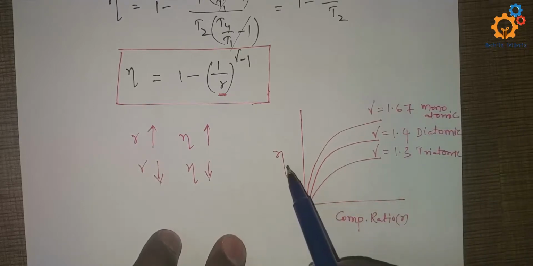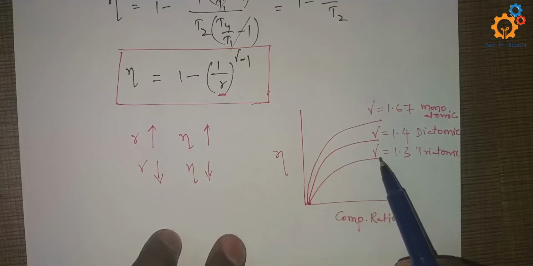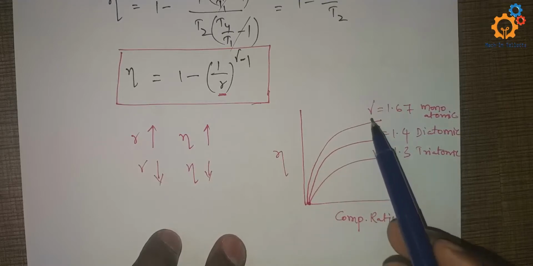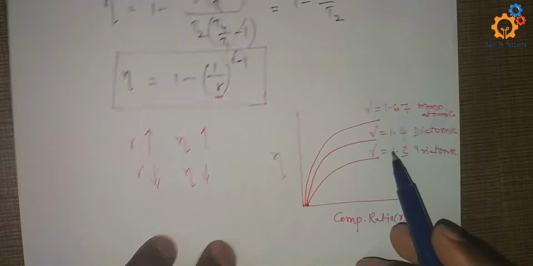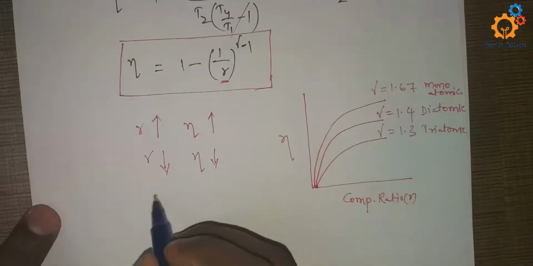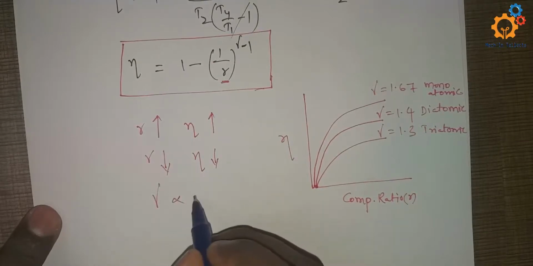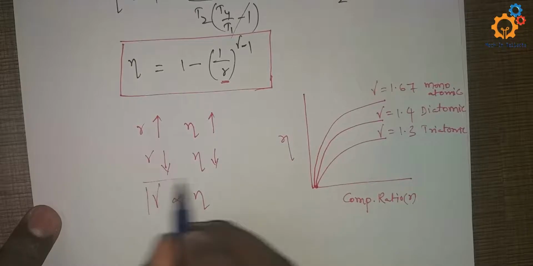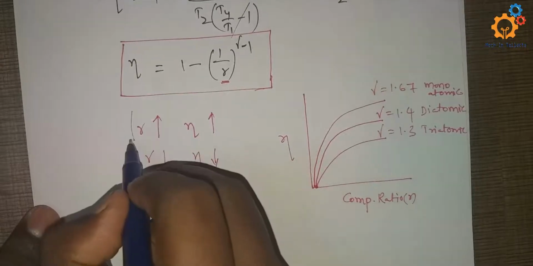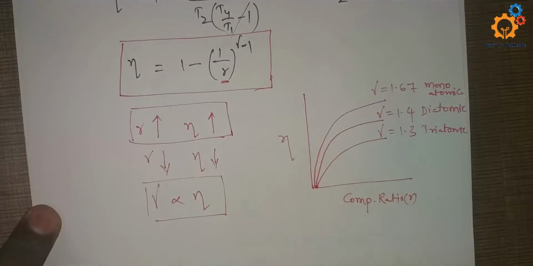So what is happening to efficiency when gamma is increasing? Efficiency is also increasing, right? So gamma is also proportional to efficiency, right? Compression ratio is also proportional.